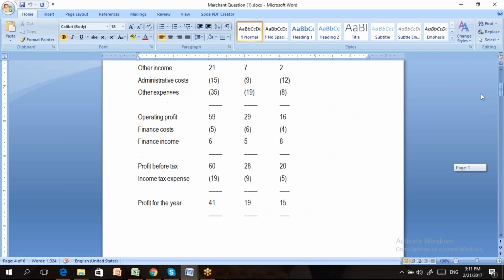So is the answer 22? Exactly. The profit will go up to 22.